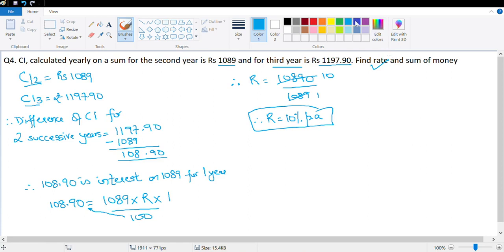That's the first part of the question. Let's look at the second part. It says find the sum of money. Okay, let P be equal to rupees 100, which means CI1 is equal to 100 into 10 into 1 upon 100, which is equal to 10, which means the amount at the end of the first year would be 110.